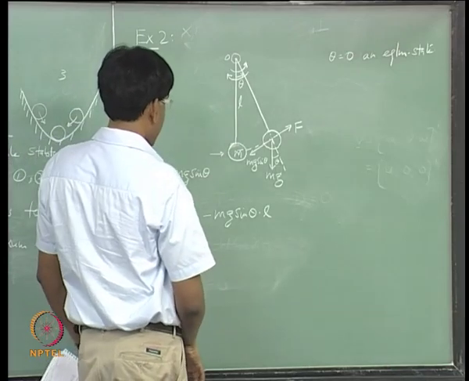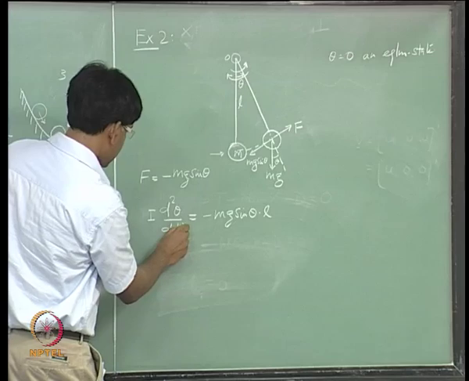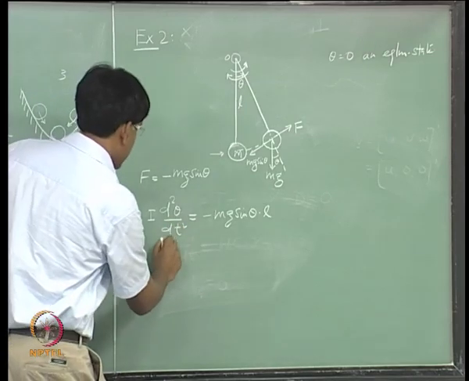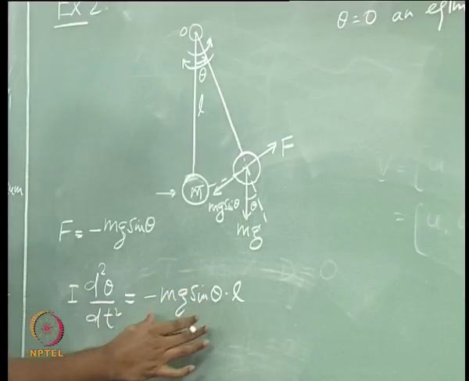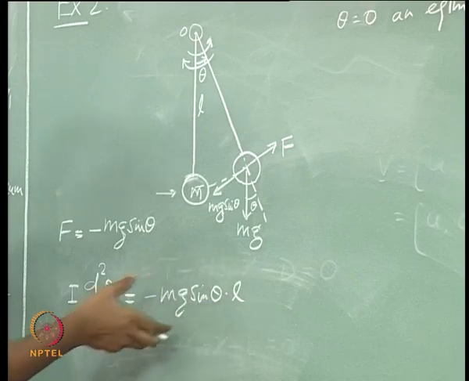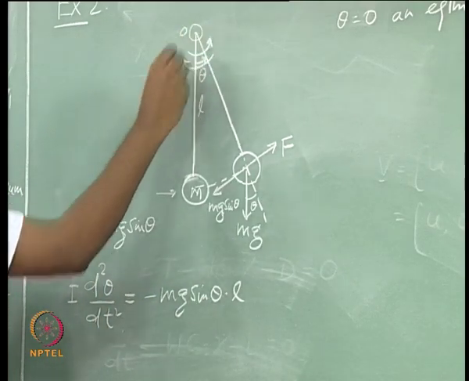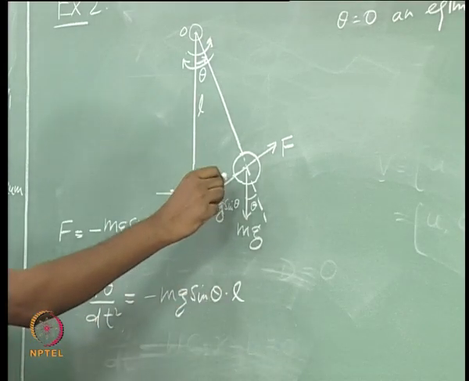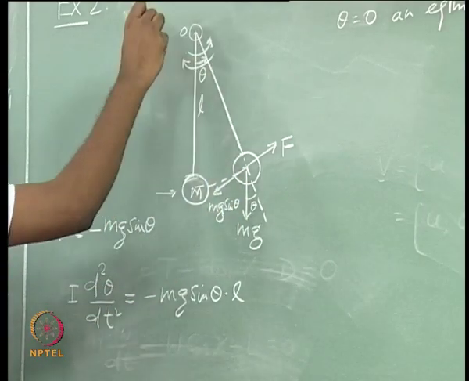Here we have the positive acceleration, the angular acceleration, multiplied by I, giving the moment in this positive direction, which is balanced by this force mg sin theta multiplied by L in the negative direction.